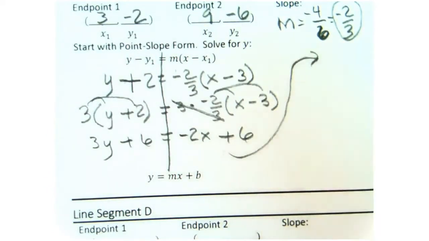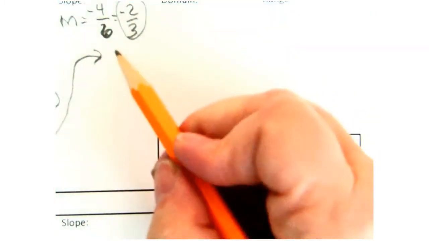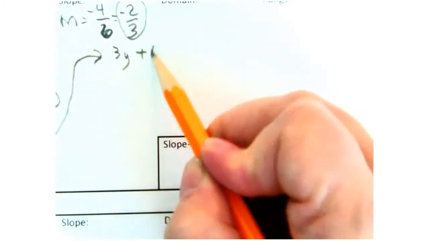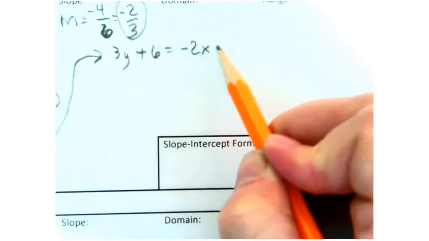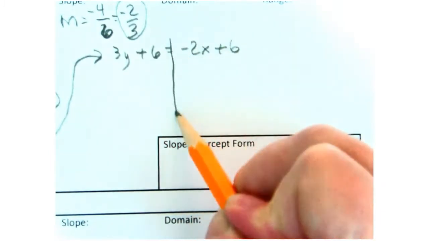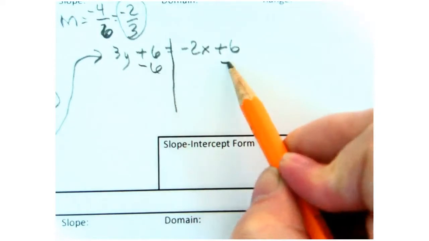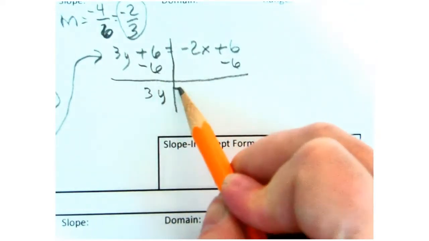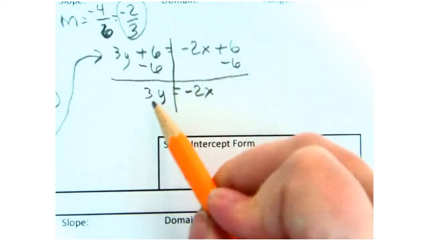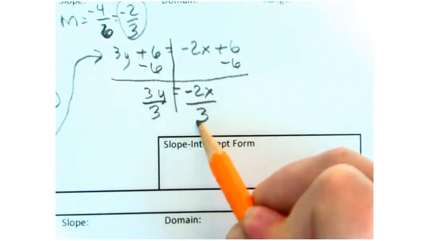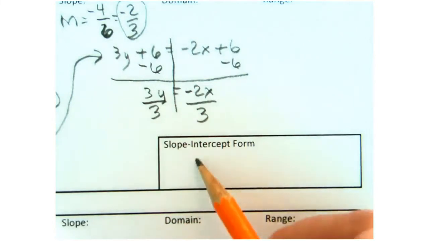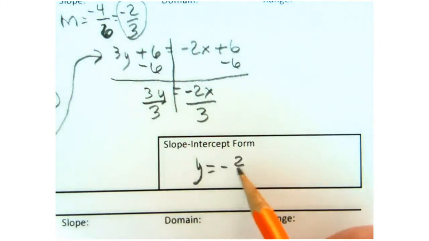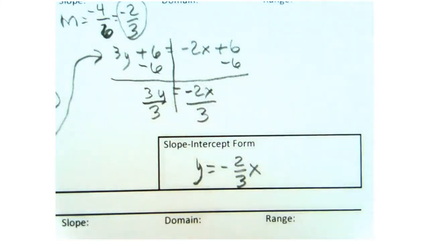The goal here is to get y by itself. Everything else needs to move to the right. We need y equals mx plus b, the slope-intercept form of the line. Start by subtracting 6 from both sides. 3y equals negative 2x. Now divide by 3. The slope-intercept form then is y equals negative 2/3 x.